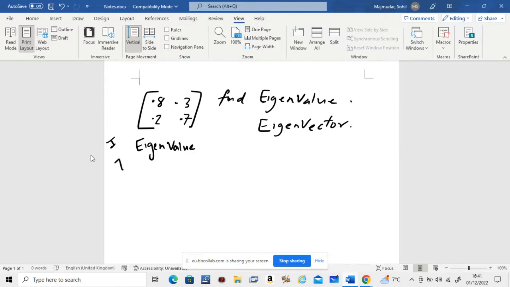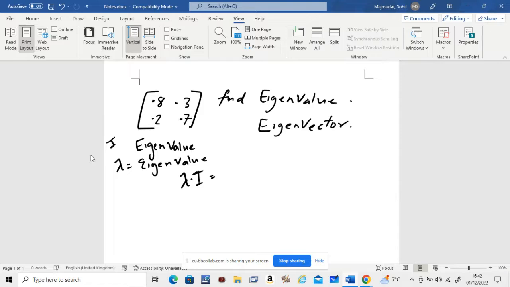So we say let lambda be the eigenvalue of the given problem, and step 1 is we find lambda times the identity matrix.